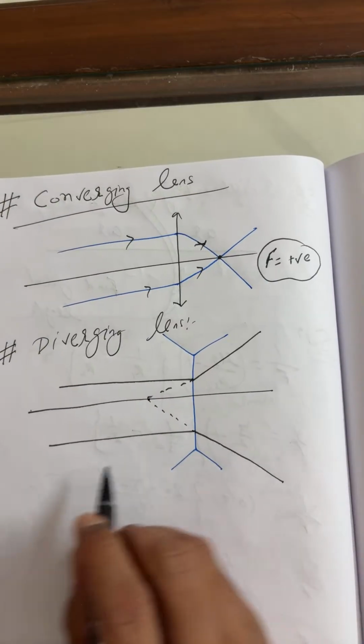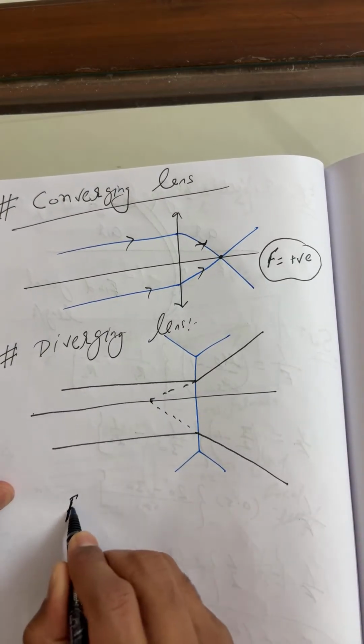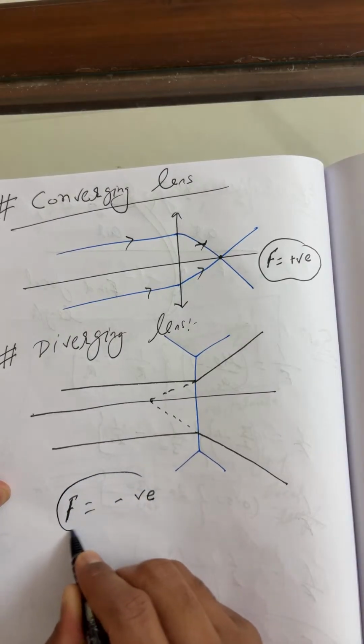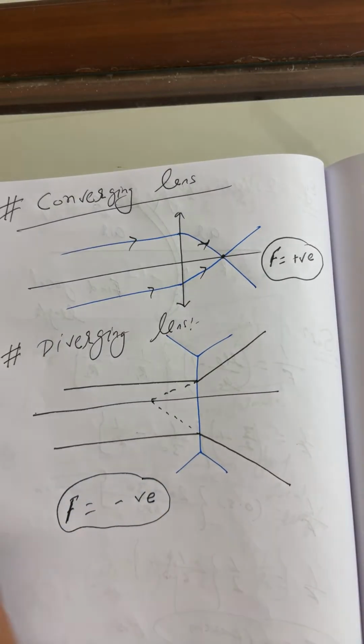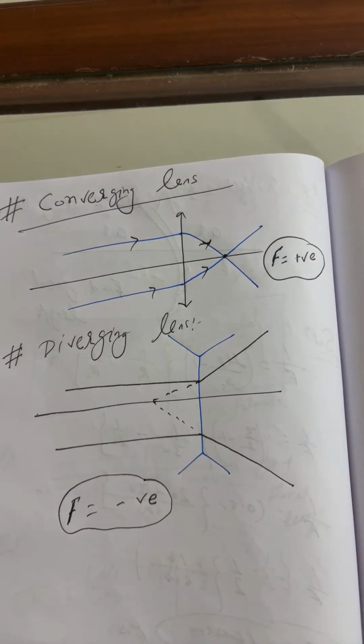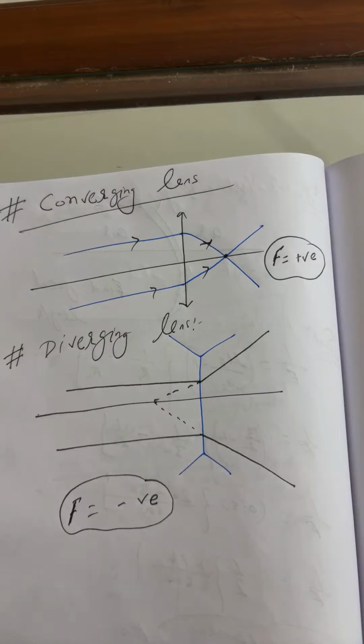So here beta, for diverging lens, you can just keep in mind if you are getting focal length negative, so you can say the given combination of lenses or given lens belongs to what? Diverging lens.